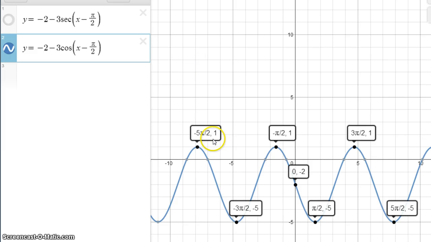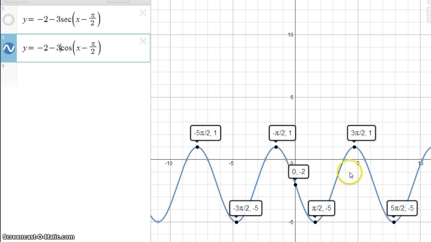I think you know how to graph this cosine function well. And notice the amplitude. Actually, I'm not sure, I have to think about that for a sec. But that's not the point. We could figure that out pretty easily.